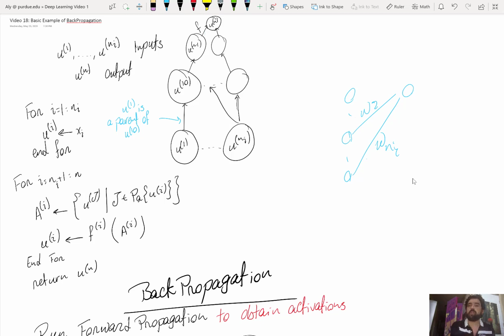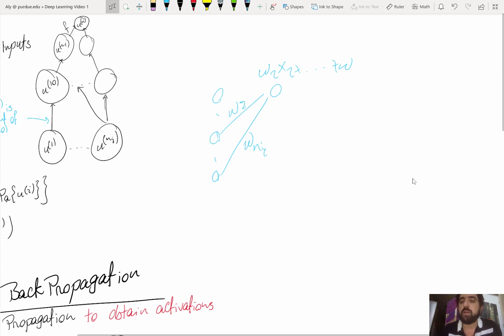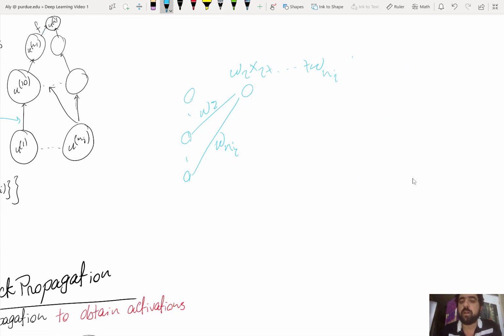This is one operation in the computational graph. And then we have a bias, right? So here we have W2 X2 plus ... WNI XNI, plus B1. And then let's say I have ReLU, the maximum of all this and 0.